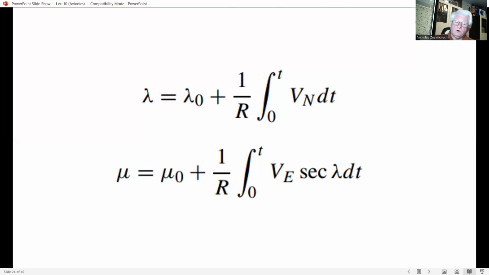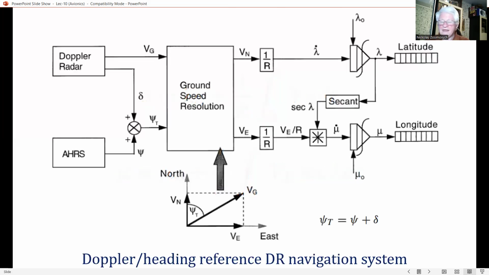A different coordinate reference system is used to deal with high latitude, as will be explained a bit later.